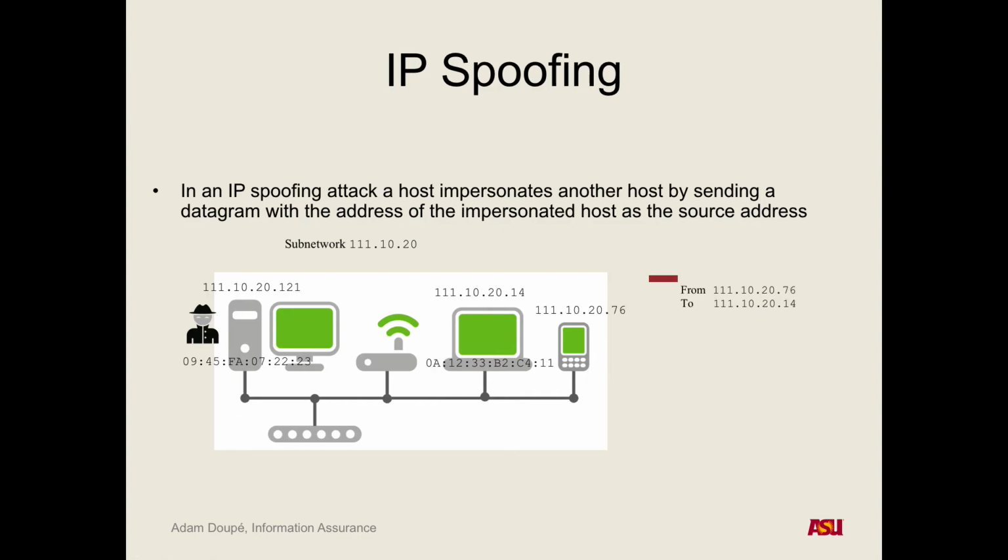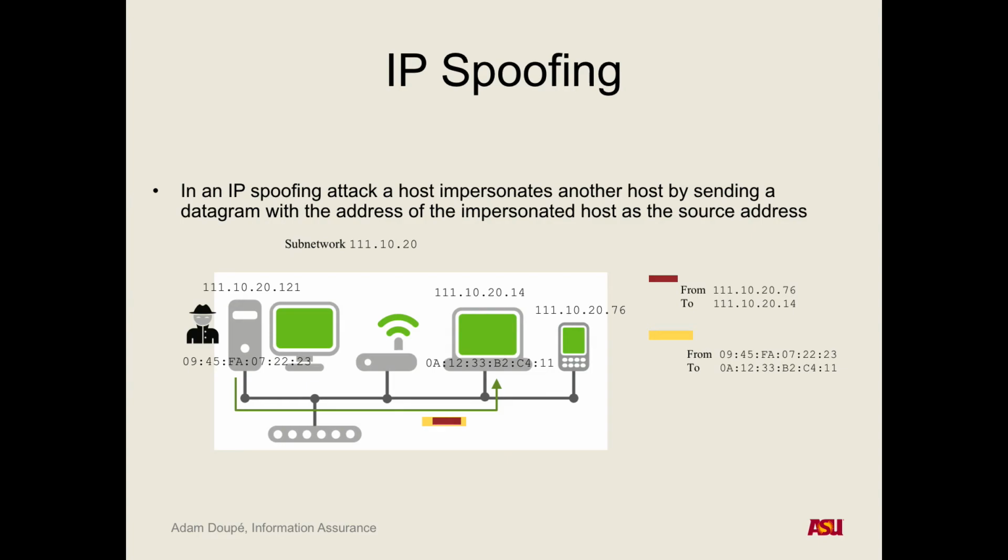So if we are 121 and we want to make a packet from this mobile phone to this computer, so from .76 to .14, we can easily create that packet. And we don't even necessarily need to spoof the MAC address of that machine, because, like we said, at higher levels it doesn't really care about the MAC address, it only cares about the IP address.